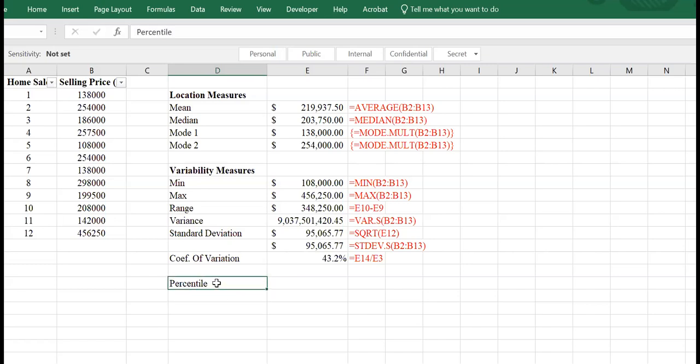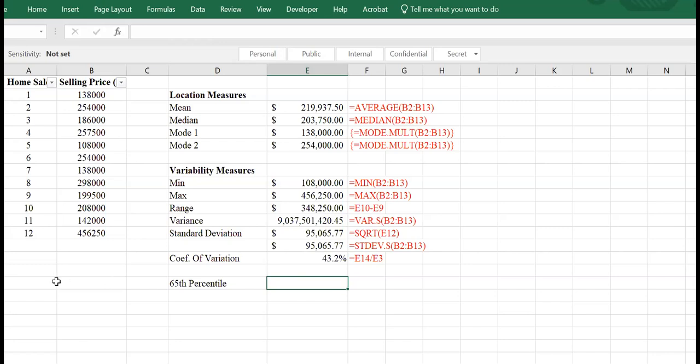But again, there are 99 different values depending on what percentile you're looking for. So I'm going to pick a number between 1 and 100, let's say 65, the 65th percentile. That's what I'm looking for. I'm just going to go with the manual procedure first, and then we will use the Excel percentile function.